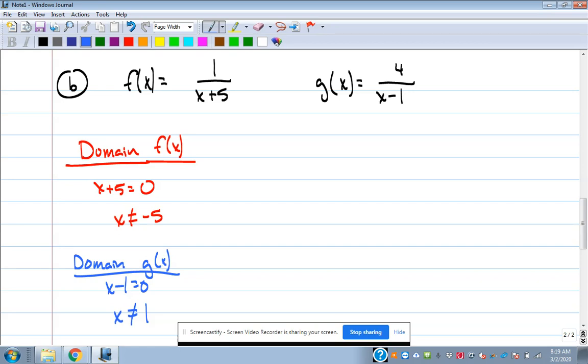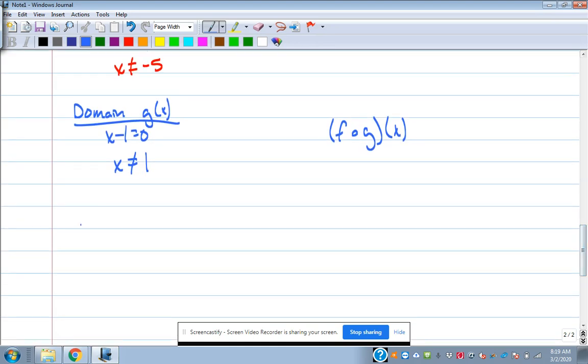Now, here's what we've got to know: when we're plugging in g of x, if we're trying to find f composed with g, that's our composite function that we're looking for, then we're taking g of x and putting it in the place of x in f of x. If we're replacing x in f of x, what's the only thing that x can't be? -5.